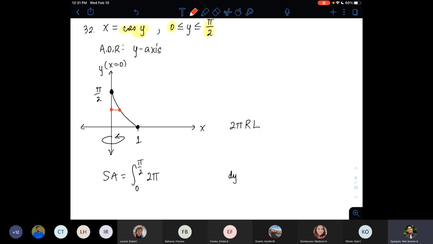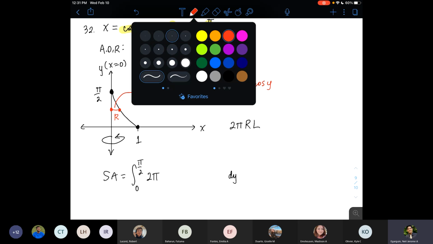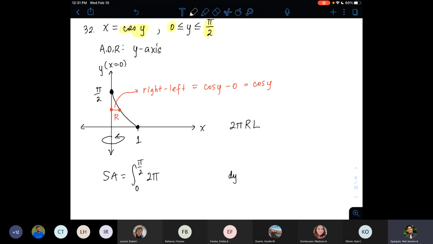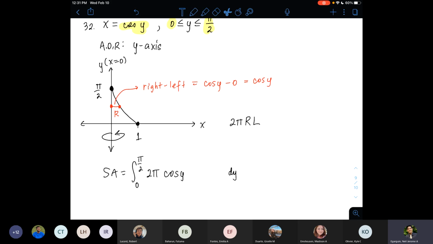And you notice here that capital R is simply the length of a horizontal strip. And remember how we measure horizontal strips? It's going to be right minus left, right? The right function here is the cosine curve. The left function is the y-axis with equation x equals 0. So that means this would be cosine y. Right? So capital R would be cosine y, and that goes inside our integral. And then we need the arc length.